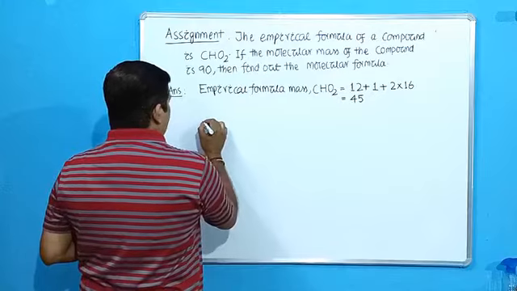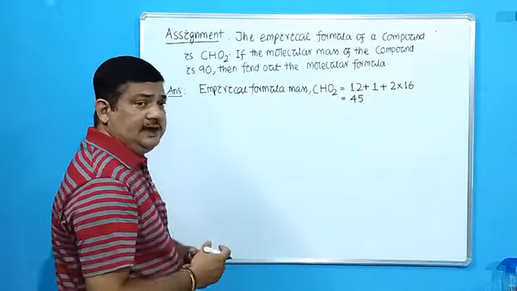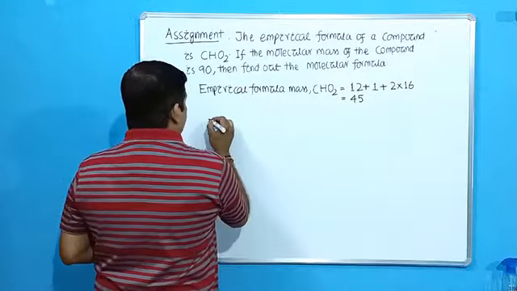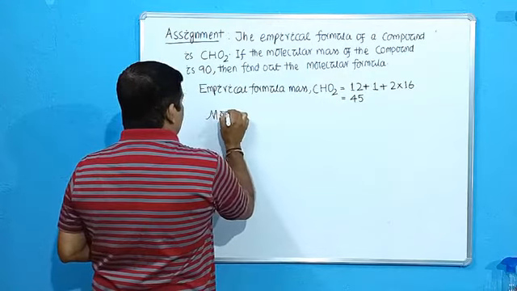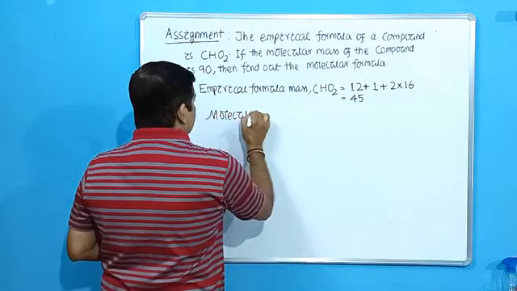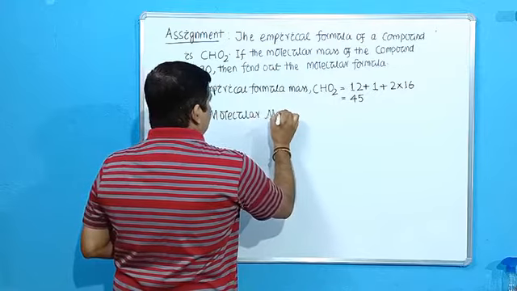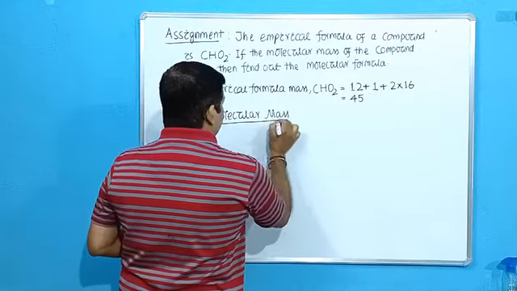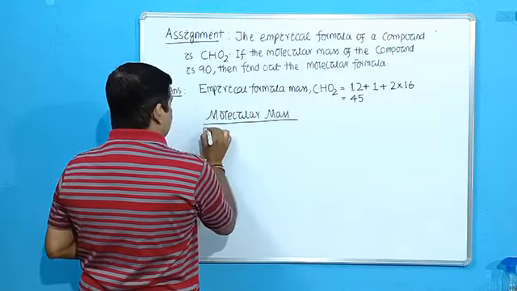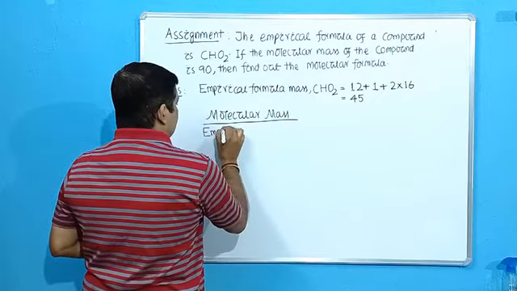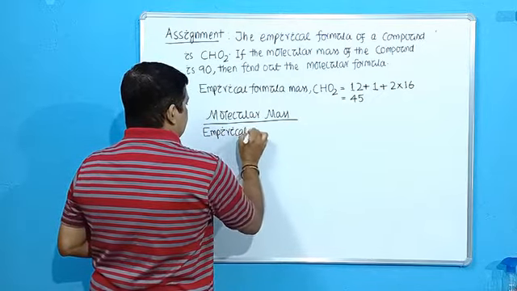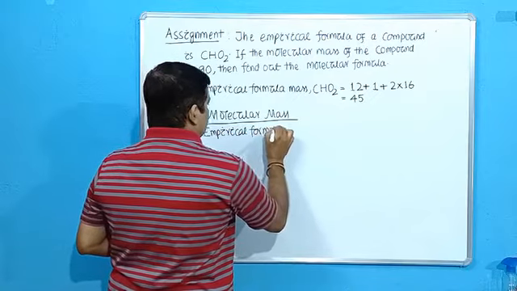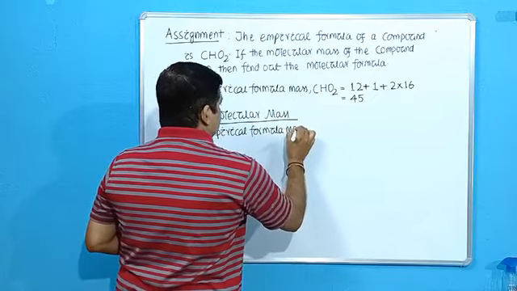Then we have to find out the value of n, which is a whole number. So what will be the value of n? Molecular mass divided by empirical formula mass.